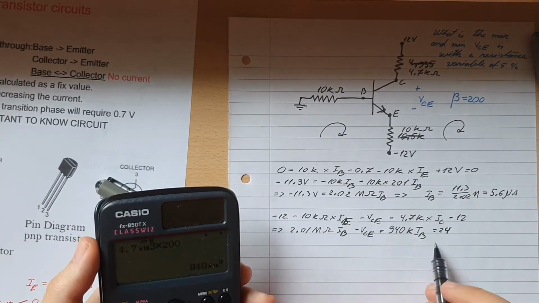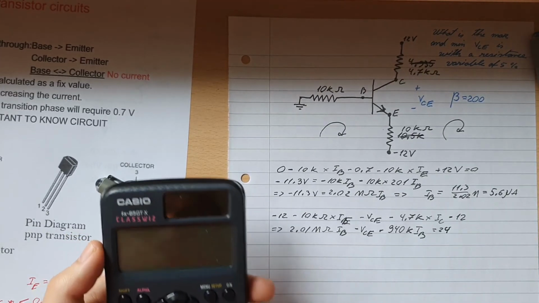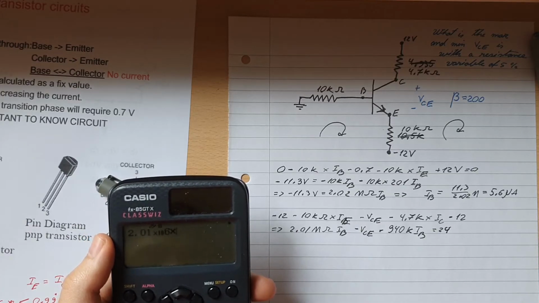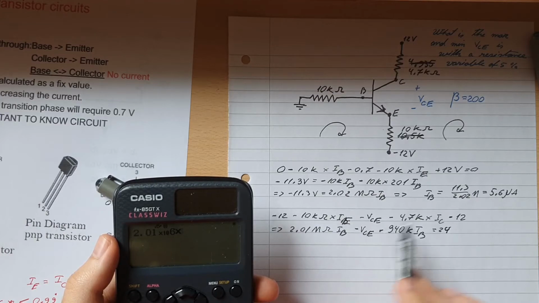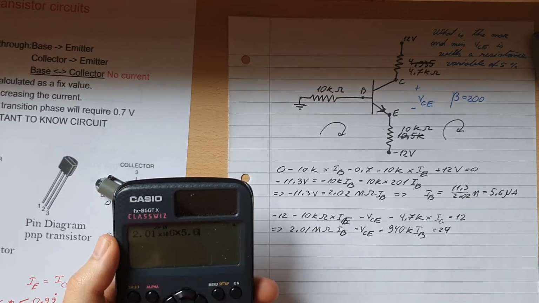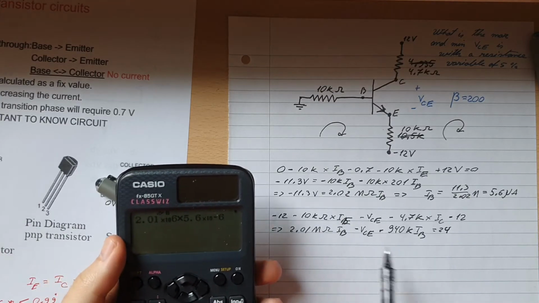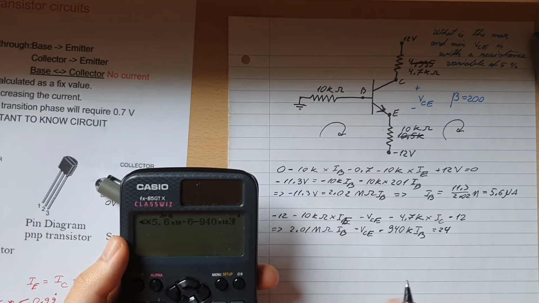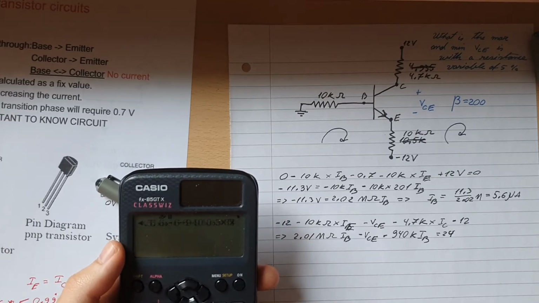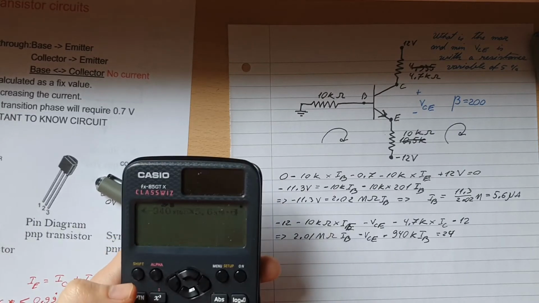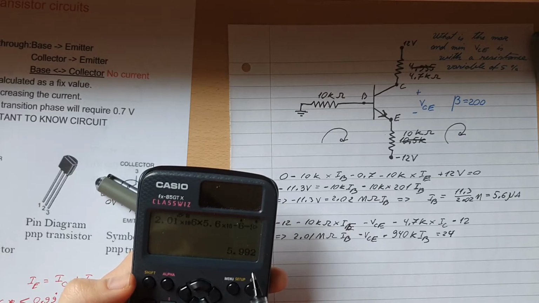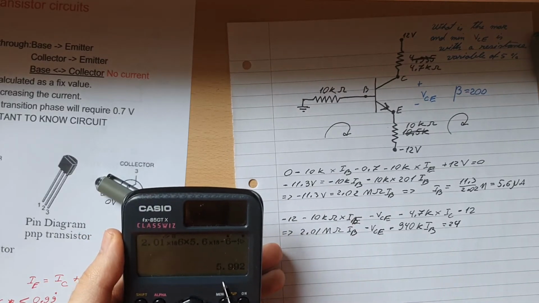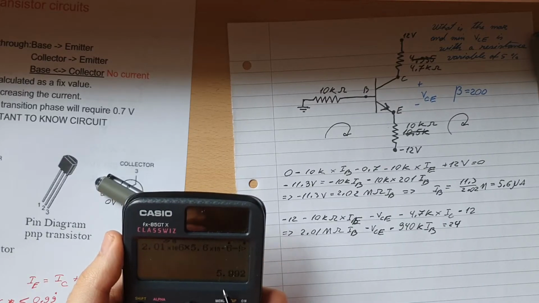Alright, now we can replace the values of IB, so that will be 2.01 times 10 to the 6 times IB, which is 5.6 times 10 to the minus 6, okay, minus 940 times 10 to the 3 times 5.6 times 10 to the minus 6, and that's equal to about 5.992 volts. Okay, right, 5.992.